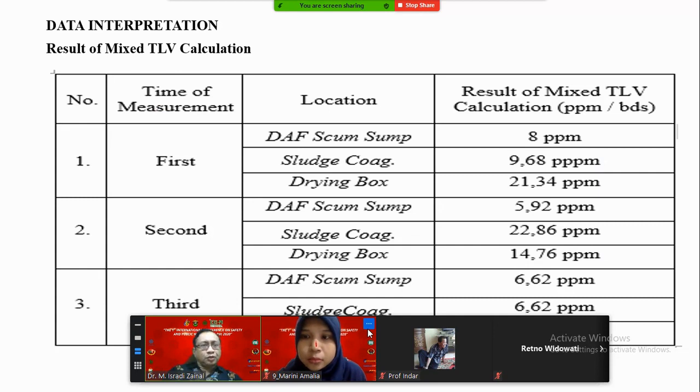According to the manpower regulations about occupational safety for environments, if there is a condition like this and the mixed TLV calculation is more than 1, it means an unsafe condition.